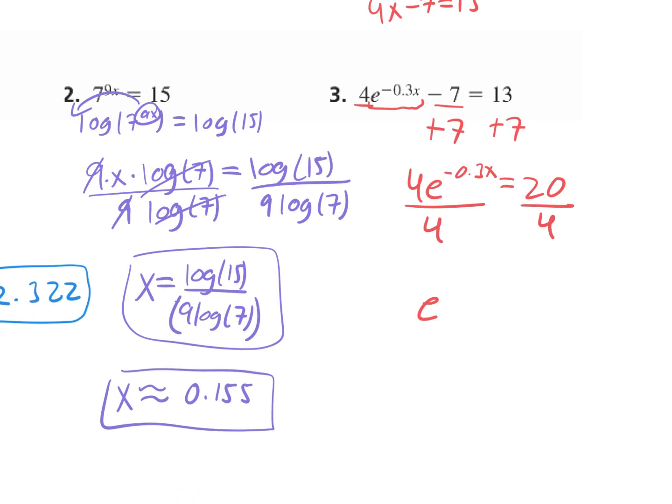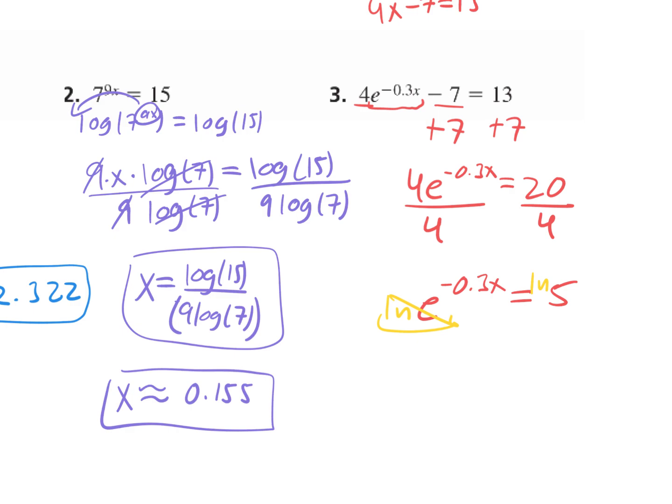So then I get e to the negative 0.3x equals 5. And then this time you can log or ln. I would ln this one, right? If you want to know why, think about it. If you ln this side and the other side, right? So here, what happens to ln and e? If you remember from the previous section, ln and e are going to cancel out.